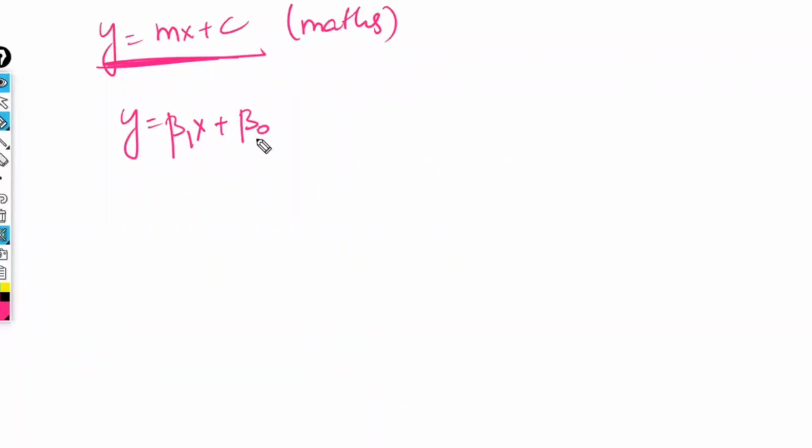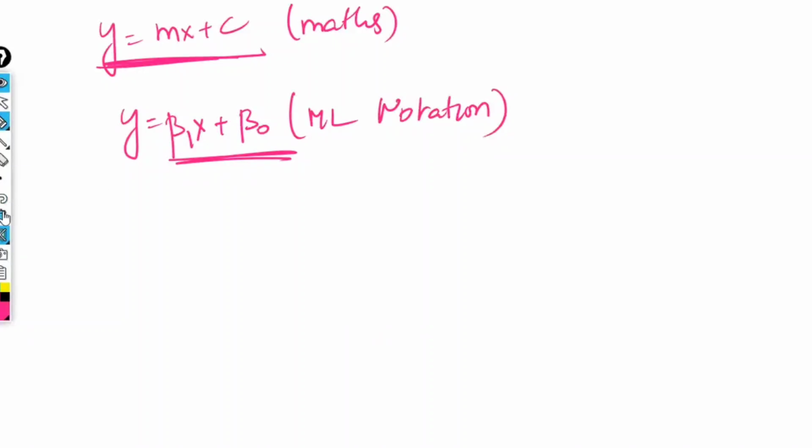The y-intercept only. Nothing changed, but these are machine learning notations. In machine learning, we use notations like this. This is the standard notation. Beta 1 is the slope, beta naught is the y-intercept. There is no change; only the notation was changed.